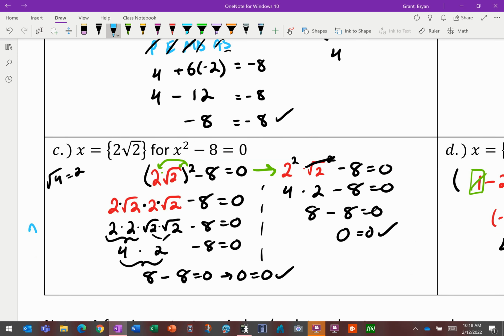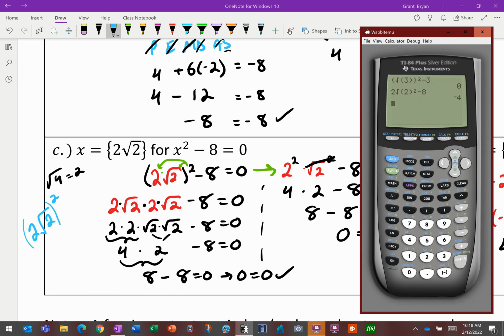Can you see why? Well, I did 2 square roots of 2 squared on the calculator. Well, that means the only thing getting squared is this guy. To show the entire thing is getting squared, you must group all of that in parentheses. So I'm actually going to go back up, copy this down, and go on over. I'm going to start inserting some parentheses. Most calculators have an insert button.